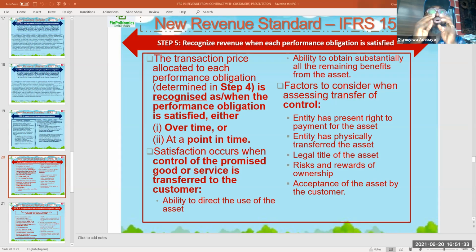But over time means the performance obligation entails continued action of the entity in delivering on those performances over time. And therefore, on certain basis or method, you will now be recognizing a portion of the transaction price associated with the performance obligation as revenue on a periodic basis.